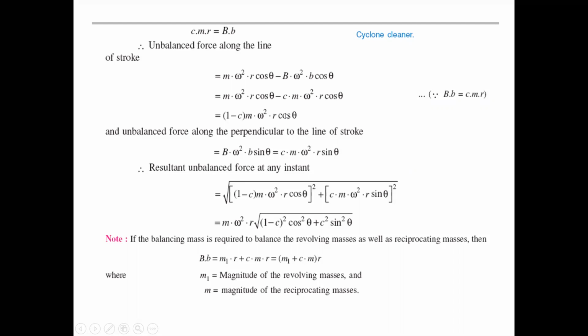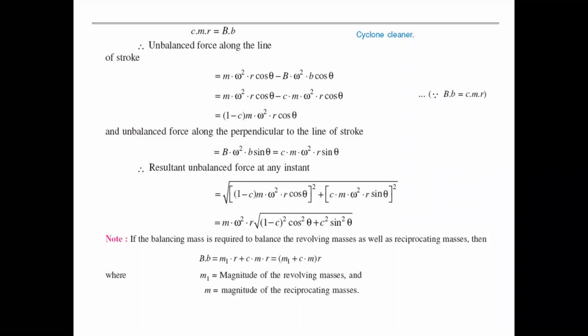So now the unbalanced force along the line of the stroke is (1 minus c) m omega square r cos theta.